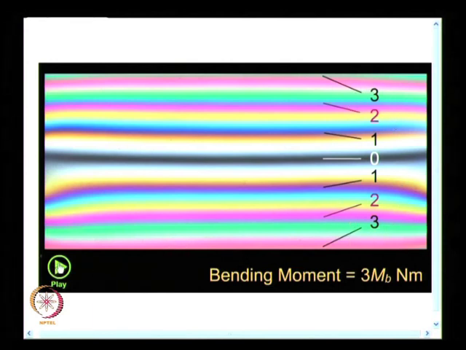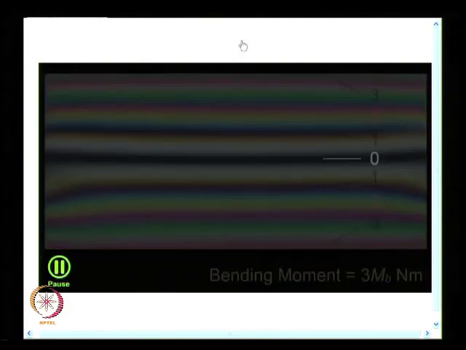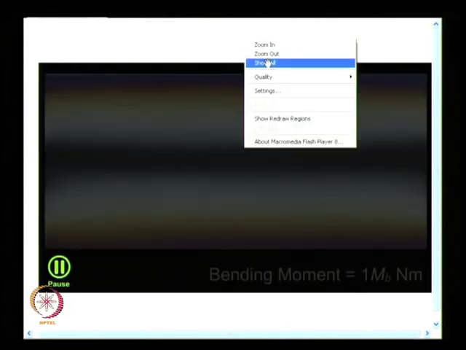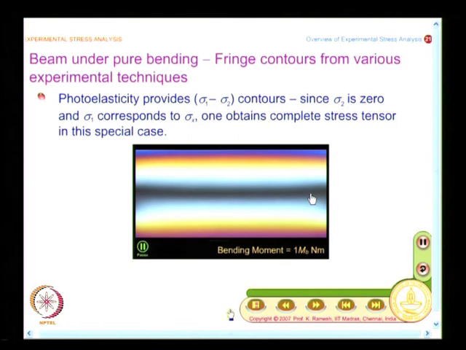This is not something trivial, and this is where many people want automated techniques, where they would like to minimize the human intervention. So far we have looked at the stress fields in a beam under 4-point bending, and we have also seen the corresponding experimental fringe contours from photoelasticity. We have also looked at the basics of how the fringes are ordered.